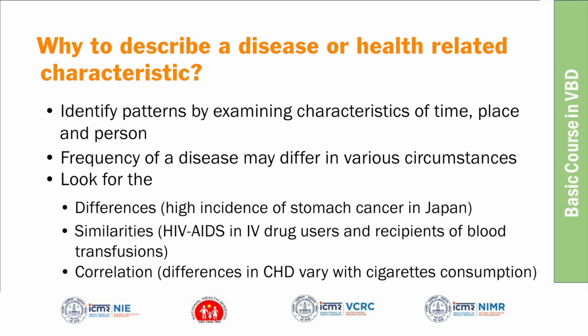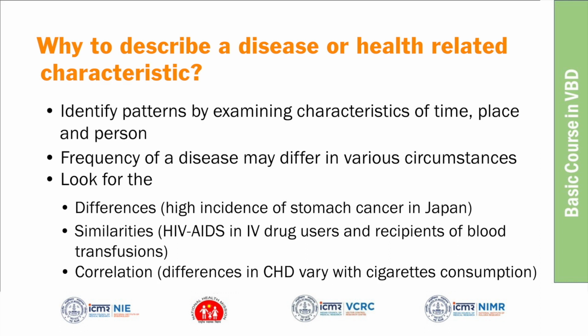So why do we have to describe a disease? To check whether there is any pattern, and we have to identify the pattern by examining characteristics of time, place, person, as I said earlier, and from that information we can get the frequency of a disease. It may differ in various circumstances based on these three factors.